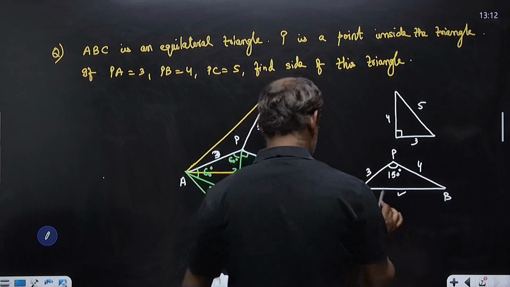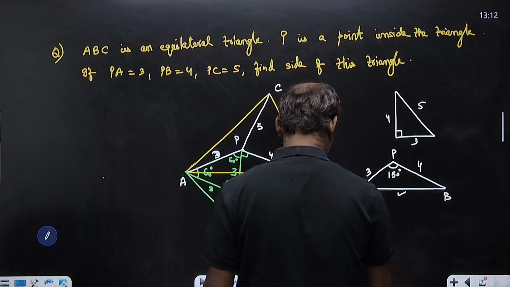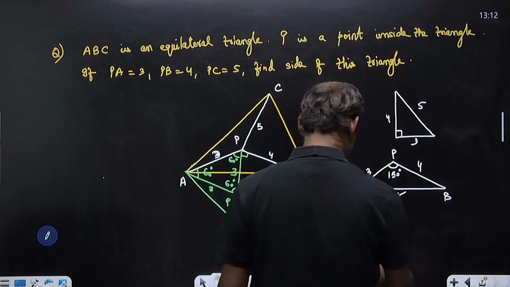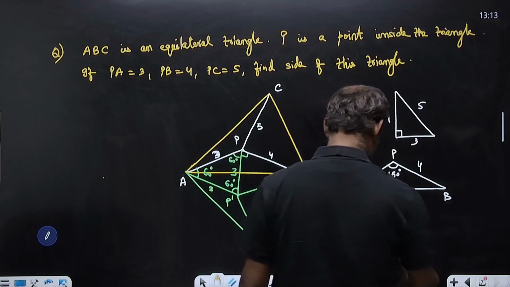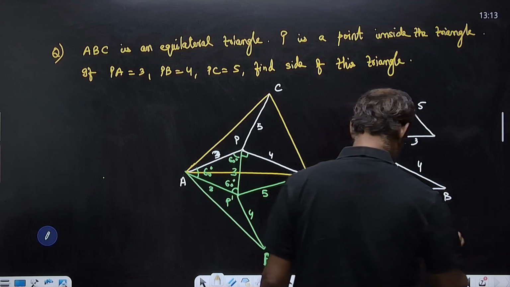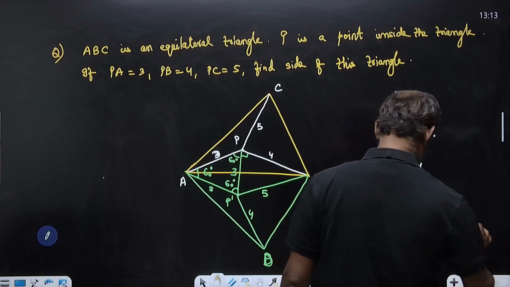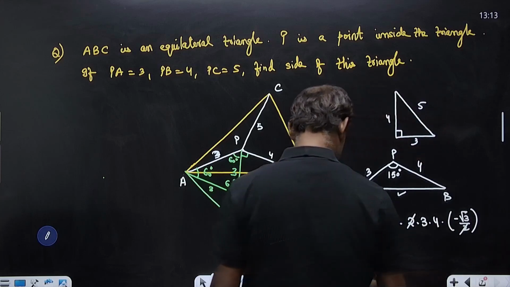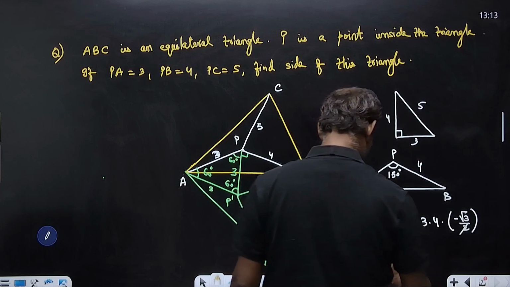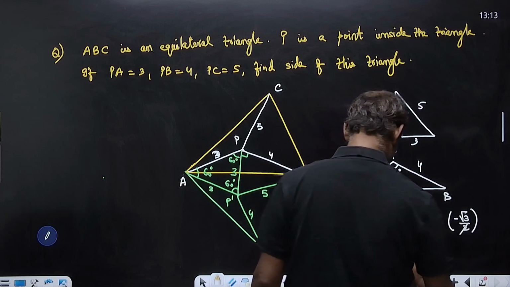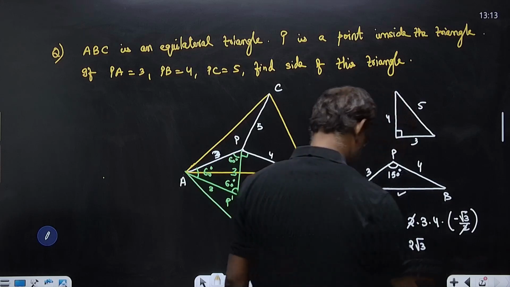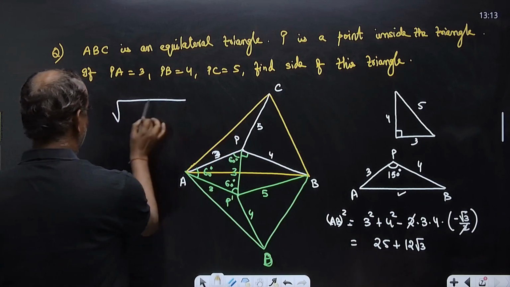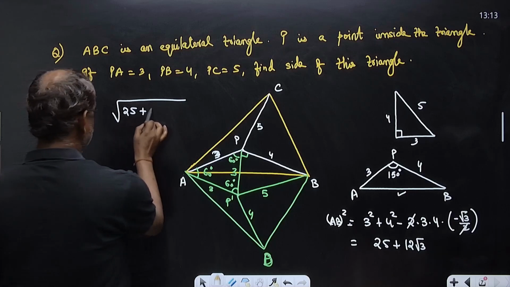So, AB whole square is 3 square plus 4 square minus 2 times 3 times 4 cos 150°, which gives 25 plus 12 root 3. The side of the triangle is root of 25 plus 12 root 3.